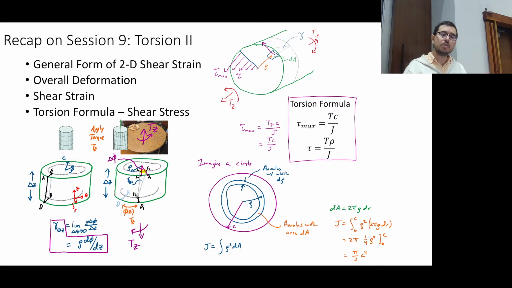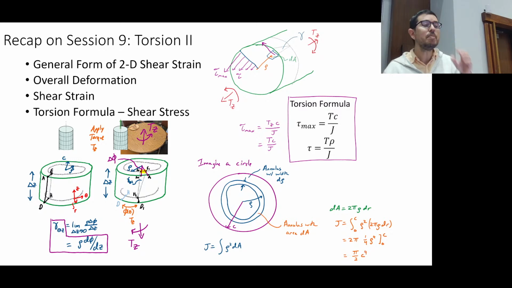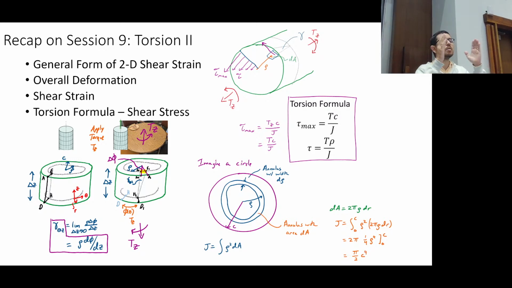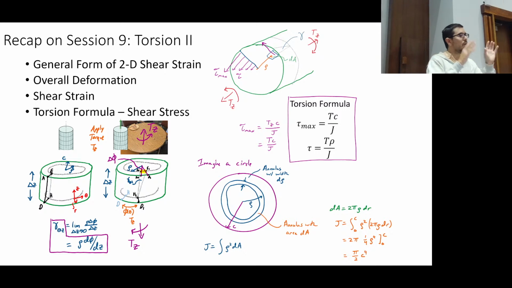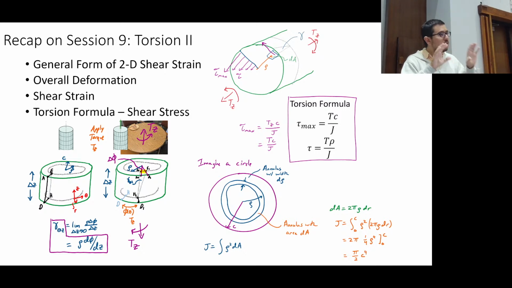Typically, unless you have a distributed torsional loading, which we'll cover today, you have sections where there's no additional external torque being applied, and so your torque is going to be constant across that section. When we say between point A and B, or between point B and C, the internal torque that we calculate is usually constant there, unless it's distributed or there are other external loads between those two points.